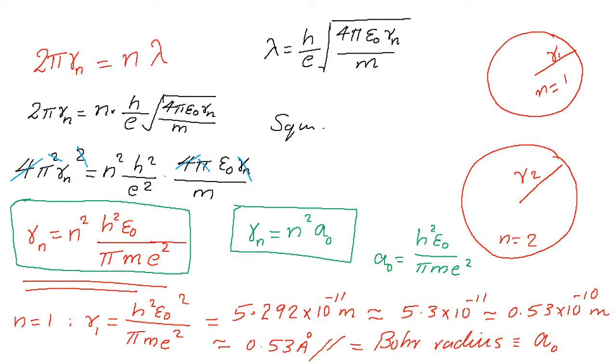So electron cannot revolve in any orbit. Instead, they can revolve only in these orbits. Can have the radius a0 or 4a0. When n is equal to 2, you will have n square as 4, then 4a0. Then for n equal to 3, you can have 9a0. So we have this formula, Rn is equal to n square a0, and a0 is nothing but 0.53 angstrom roughly.